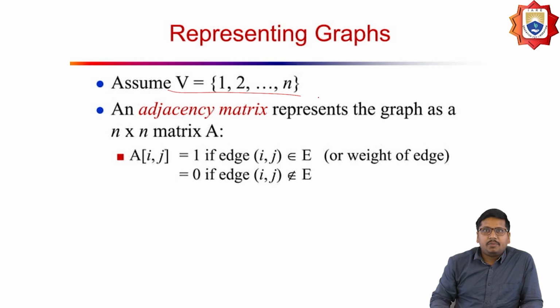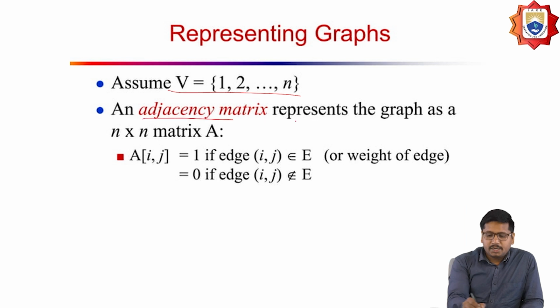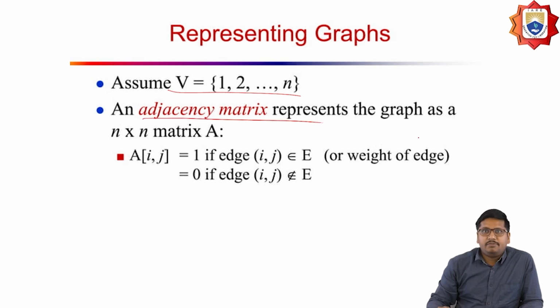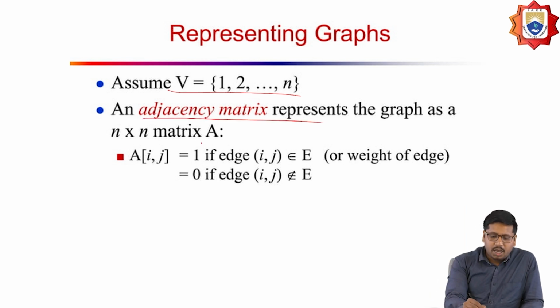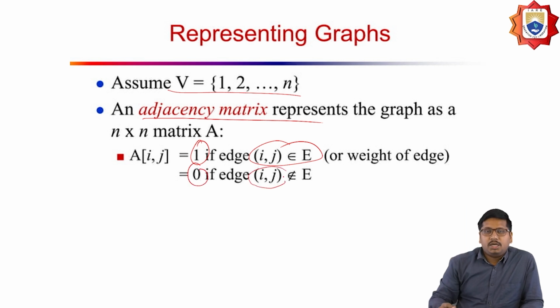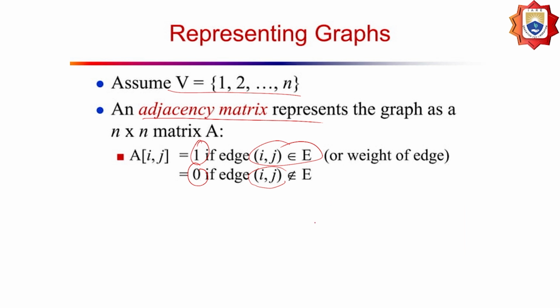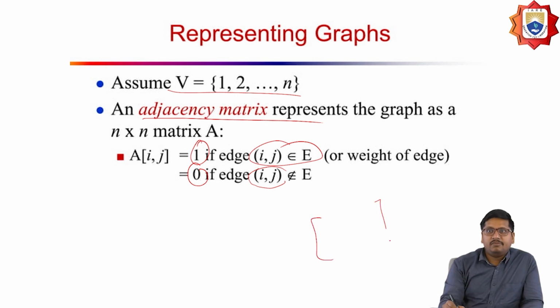Representing graphs: we have a set of vertices 1 to n, and the adjacency matrix represents the graph, where Aij equals 1 if there is an edge that belongs to the edge set, and Aij is 0 if it does not belong to the edge set. Normally the graphs are present in the form of vertices.